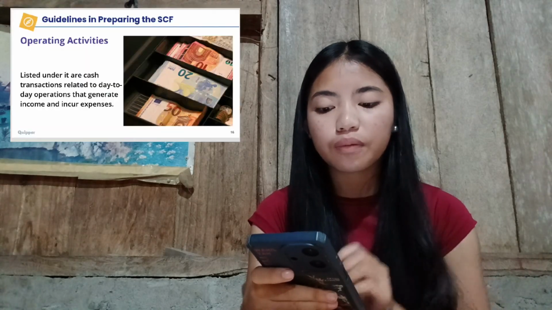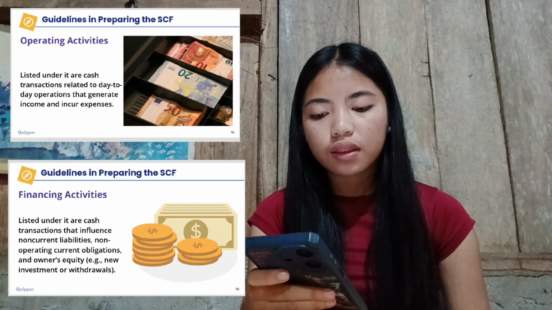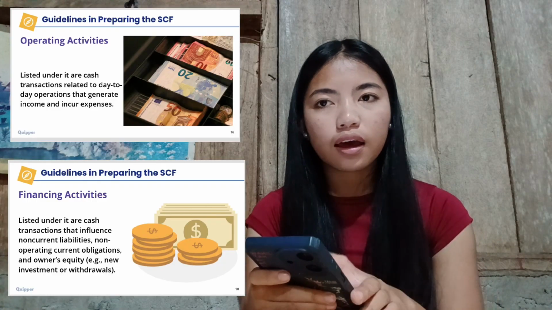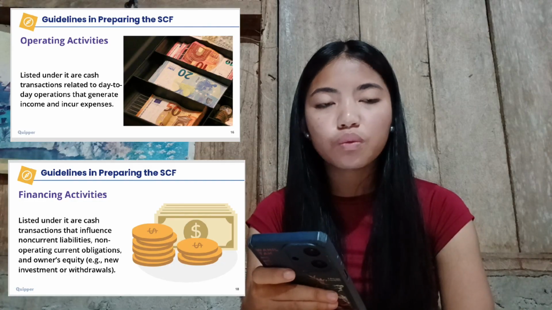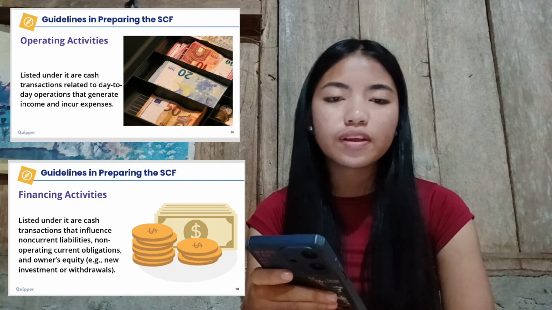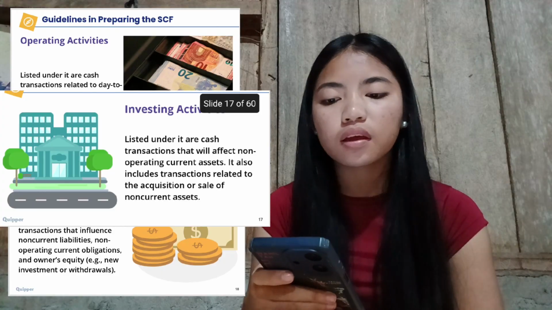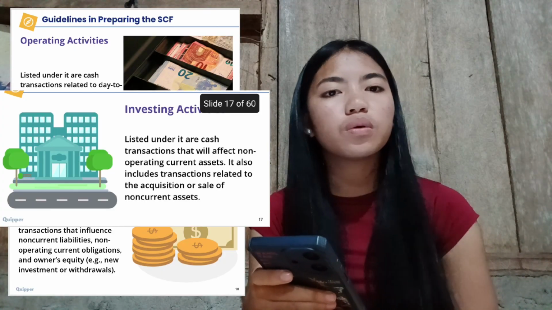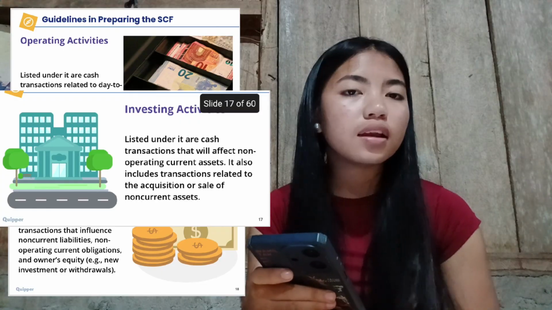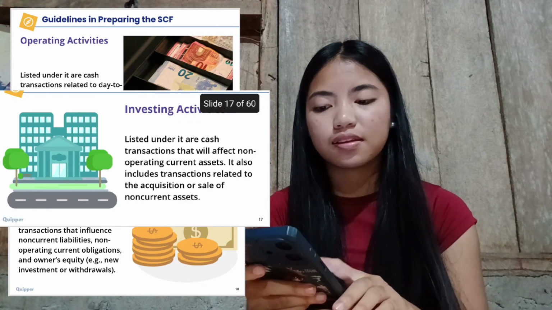I also discussed the operating activities, which are about the day-to-day activities, and the financing activities, which are about new investment or withdrawals, and also the investing activities, which listed under it are cash transactions, which is purchasing and selling the non-current assets.